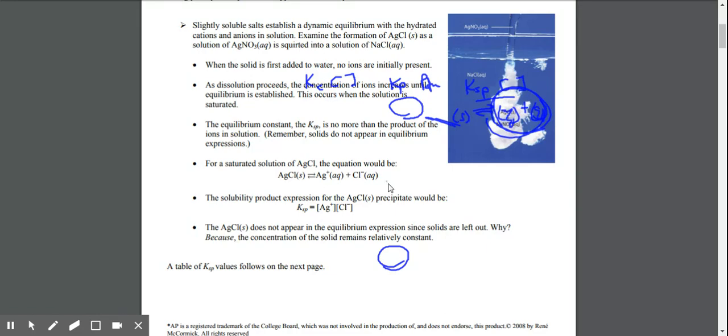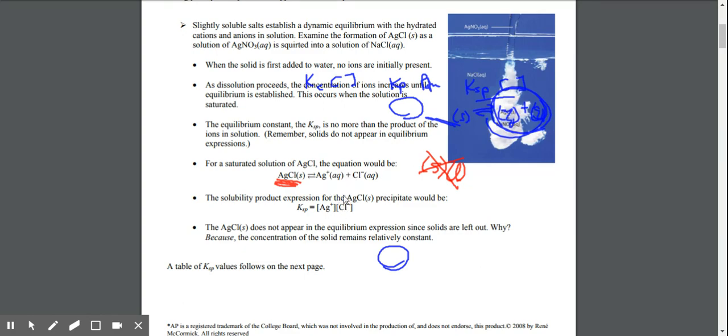Now, if you remember from the other equilibrium videos, pure solids and pure liquids are never included in your equilibrium expressions. So this is why these Ksp expressions look a little bit different, because it's always a solid breaking into its ions. So the way I write these Ksp expressions is I only plug in the aqueous things. So it'll be Ag+ times Cl-.